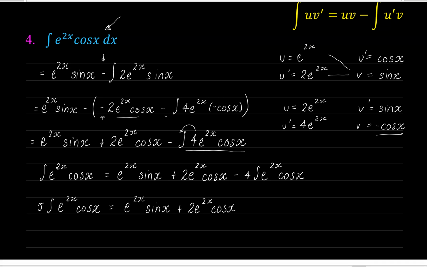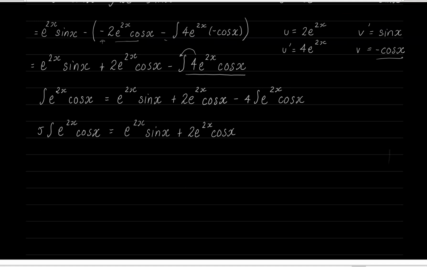Write everything again. And remember, what is it that we wanted? We wanted to find the integral of just e to the 2x cos x. So that's it here. To get rid of that times 5, we're going to divide by 5 or times by 1/5. So we can now say, therefore, the integral of e to the 2x cos x is 1/5 times all of this.